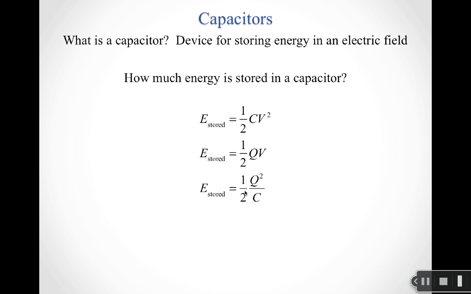We'll see that Q equals CV is the fundamental equation describing what goes on with a capacitor. And it and this expression for how much energy is stored within a capacitor are the two really important relationships that we'll deal with when dealing with capacitors within circuits.